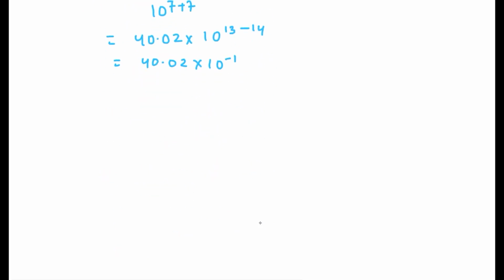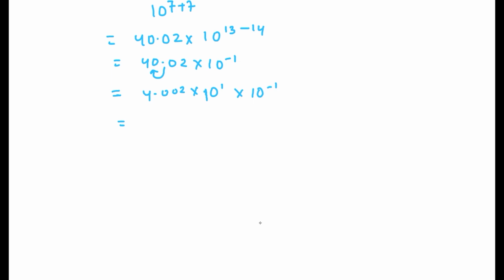So 40, we can also write this as 4.002 into 10 to the power 1 into 10 to the power minus 1. When we shift this point to the left side, the power should be positive.